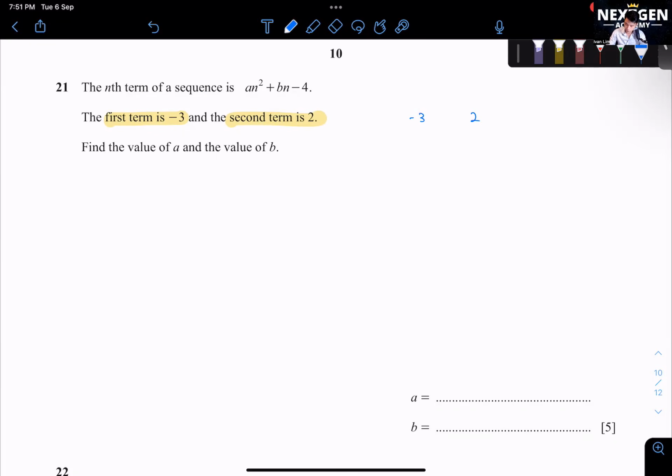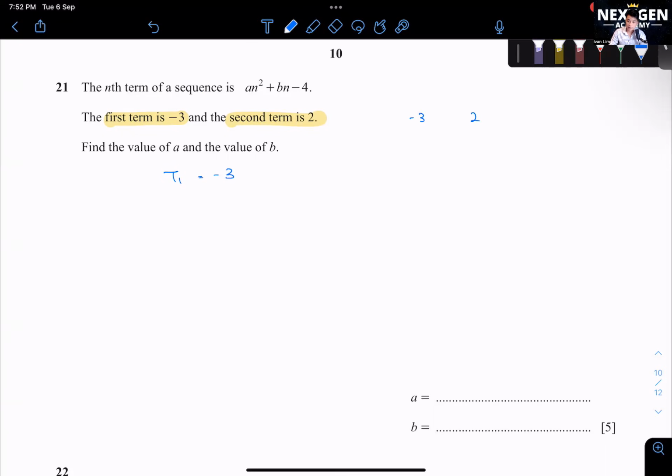Okay, what can I find from here? All you need to do, let me think. T1 is equals to, we just put in the value first. So my first one, T1 is equals to -3.